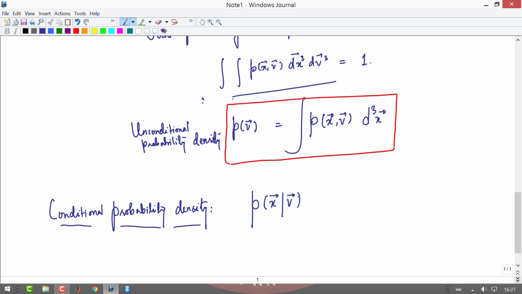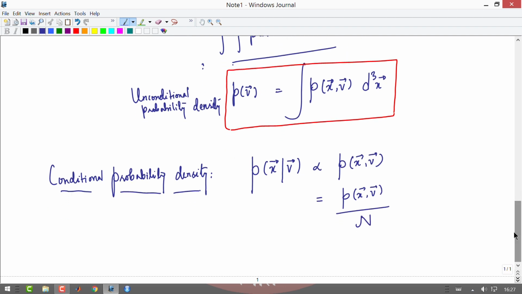This is called the conditional probability density, and this is definitely proportional to your joint probability density, because that is my total information, and the equality can be taken by dividing this by a norm. Now, how do we determine the norm? The norm can be defined by demanding that the conditional probabilities are normalized.